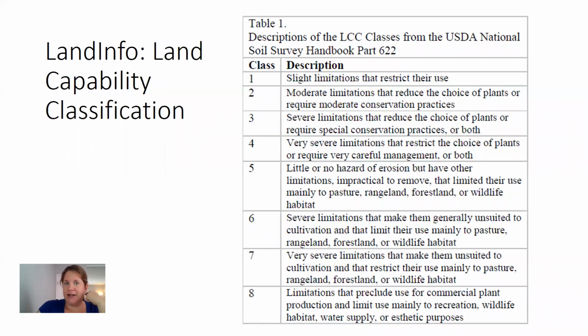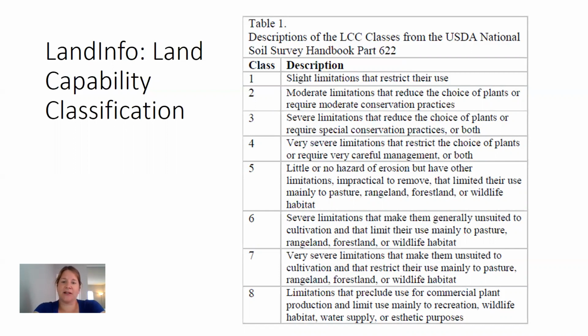And all of this text is actually in the app as well. So basically classes 1 through 4 are classes of land that are suitable for agriculture. They might require some types of management. So for example, a class 4, you might have to choose some specific crops that are suitable to that land, or you might have to manage it in a certain way, either through soil conservation or water conservation management.